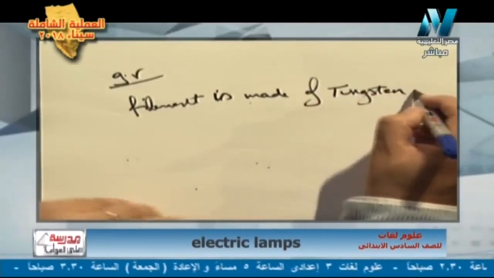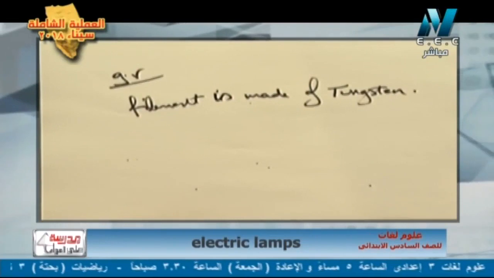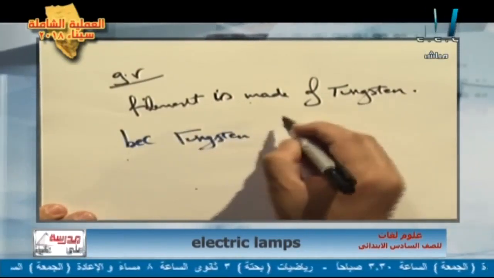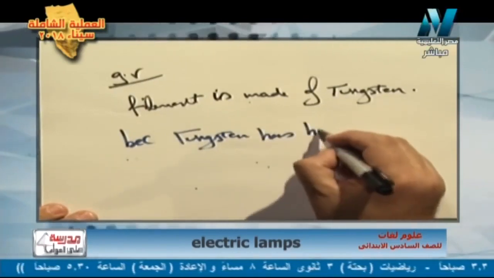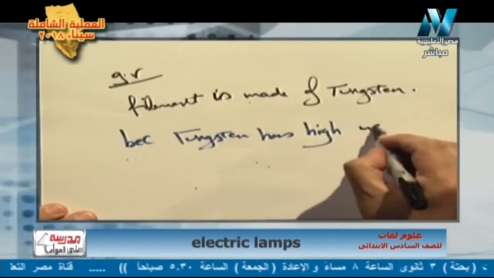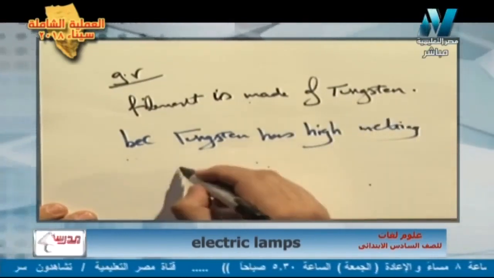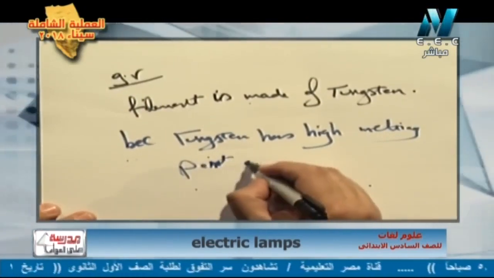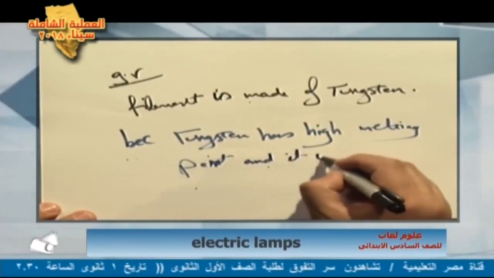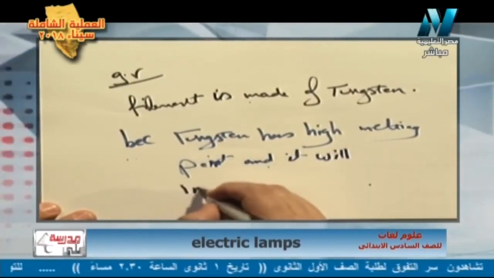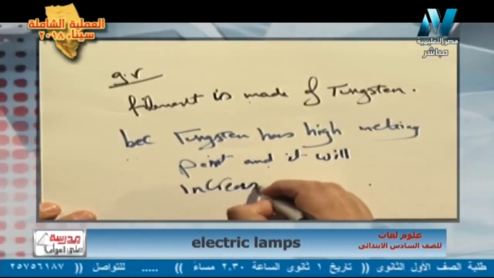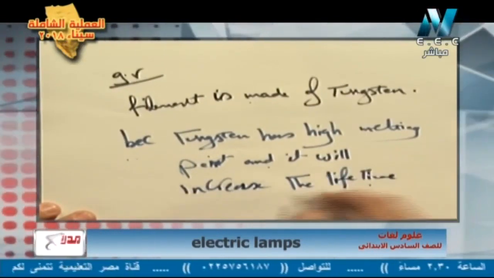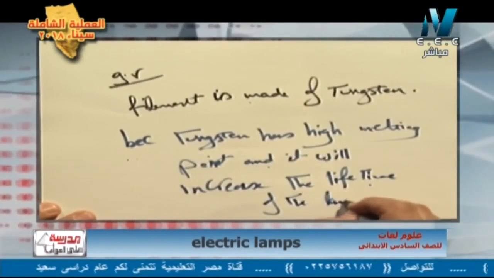Why do we use tungsten? For example, because tungsten has a high melting point, so it withstands a much longer time, and it will increase the lifetime of the lamp.